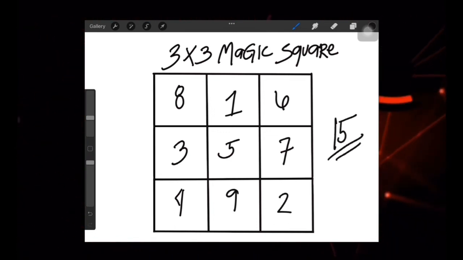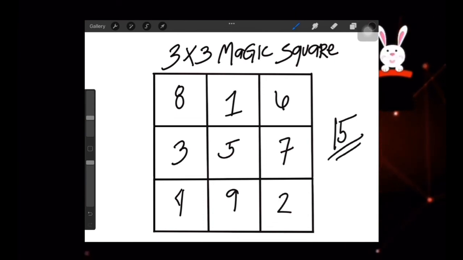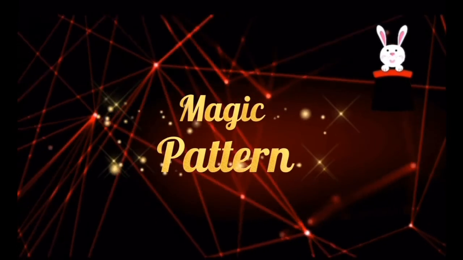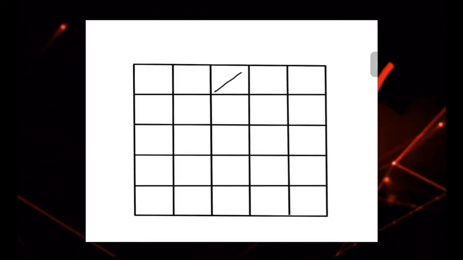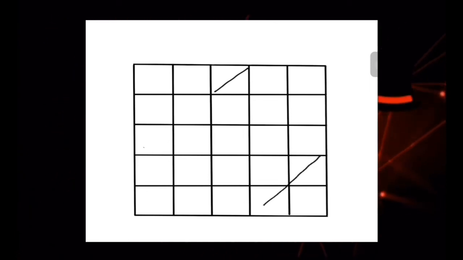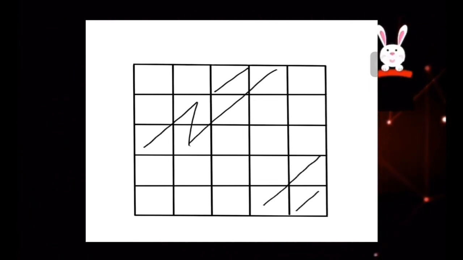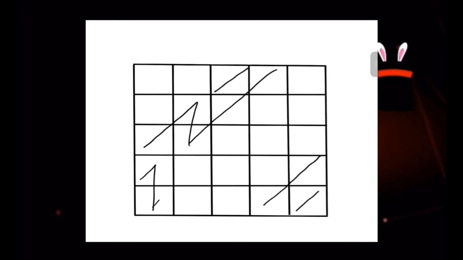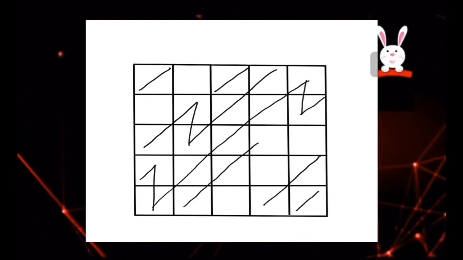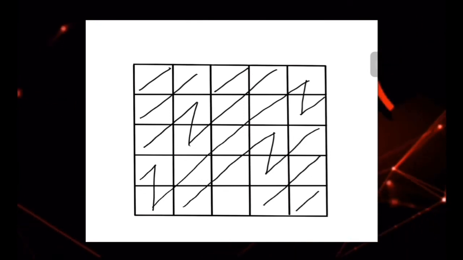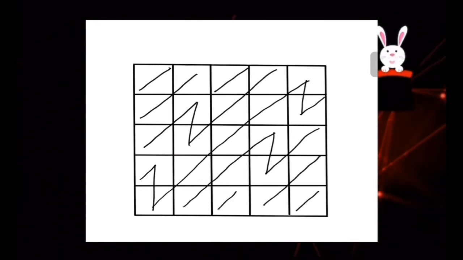And as you can notice, there is a pattern on how you will put the numbers in each box. So, here is the magic pattern to make it easier for you. You need first to start in the upper middle square and go diagonally up and to the right. When you reach a cell that has already been filled, you just need to go down one cell and start the process again.